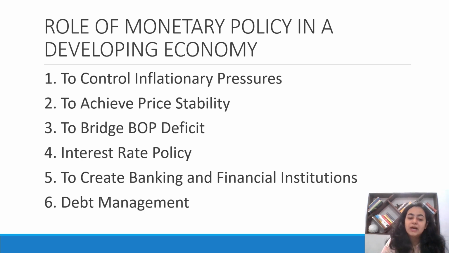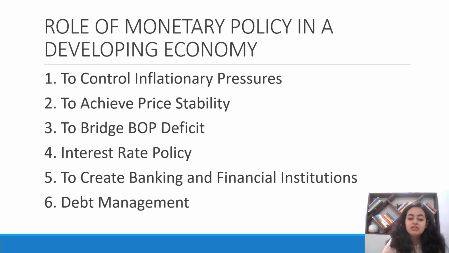By using the contractionary monetary policy, we can reduce the inflation in an economy. Now, when we reduce the inflation, we are actually coming to stabilized prices in the economy. Thus, the second point, that it is used to achieve price stability.